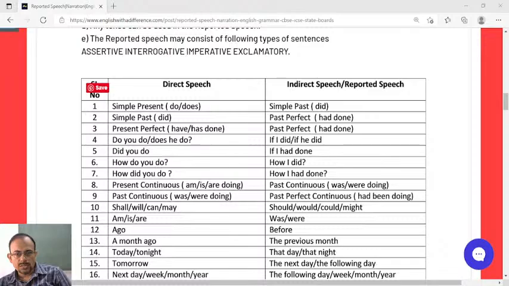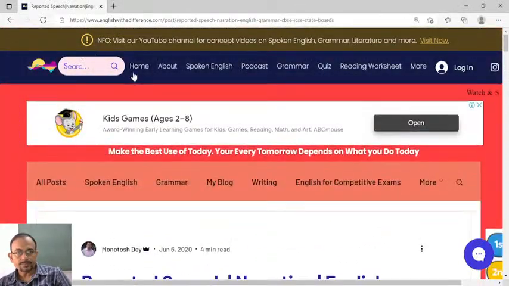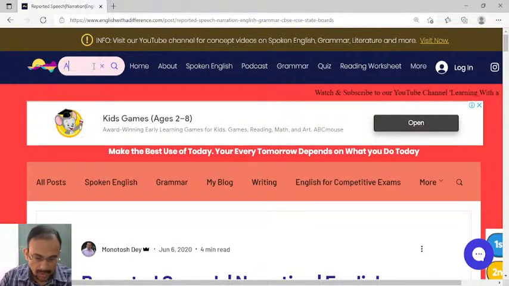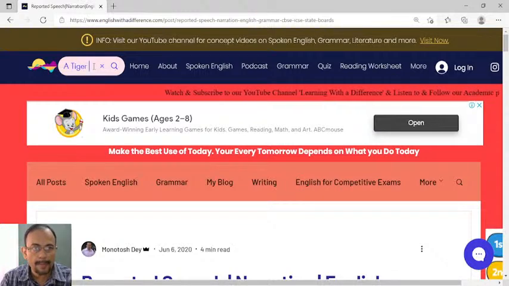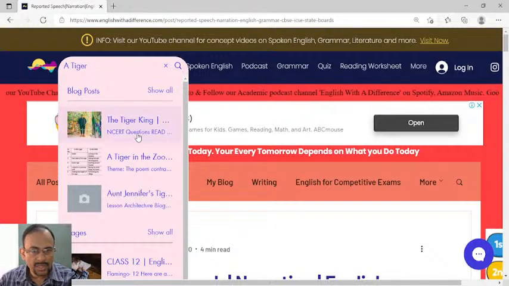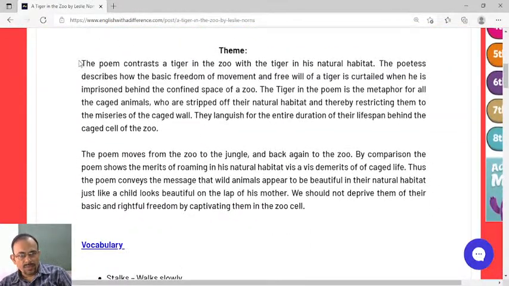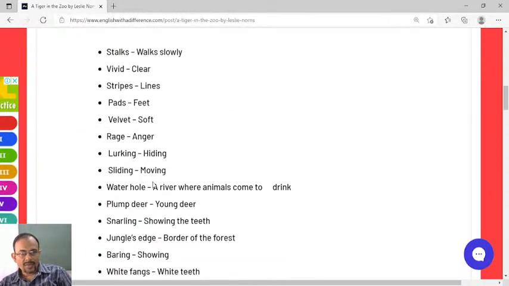And you see, dear students, for example, here, a tiger in the zoo. You read this theme once, these 2 paragraphs once, and you read the text and see this vocabulary also.